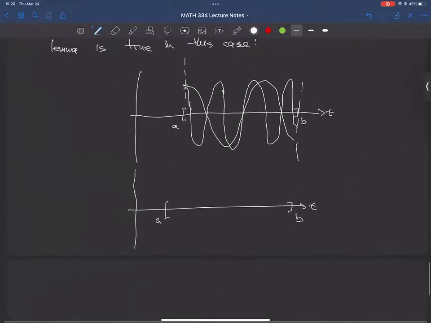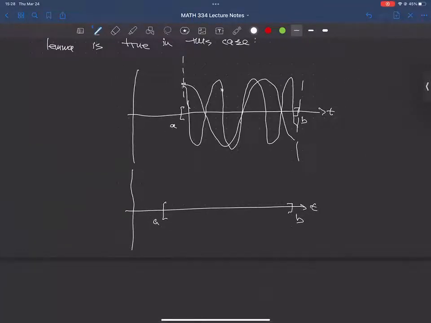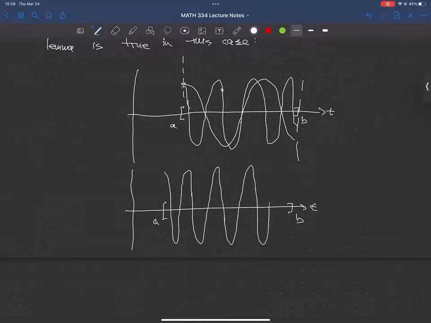We're going to get something that's highly oscillatory. So it's going to maybe look like this. That's my idea for today of something that's highly oscillatory, but it's enough to illustrate the point that I want to make.